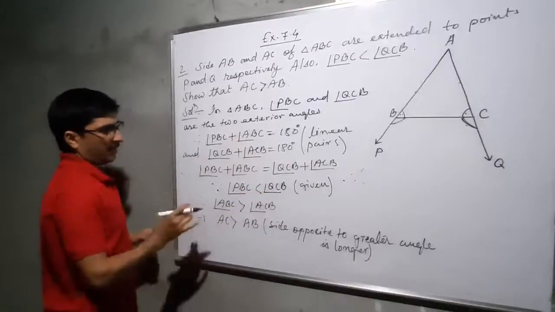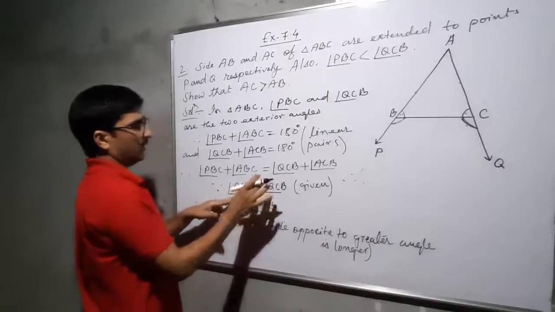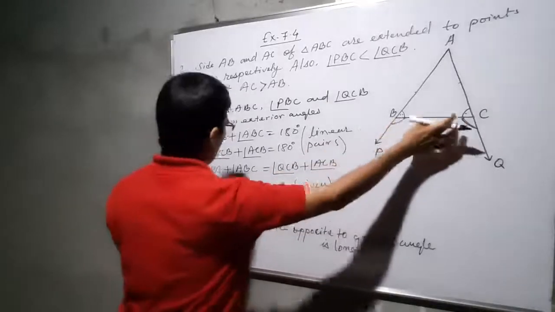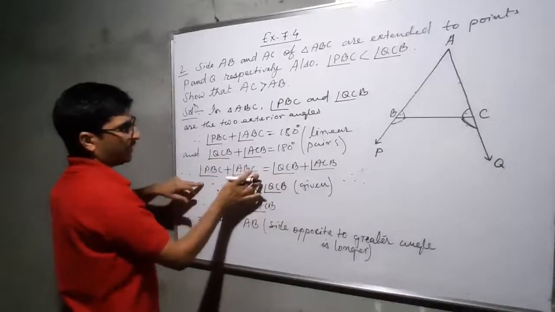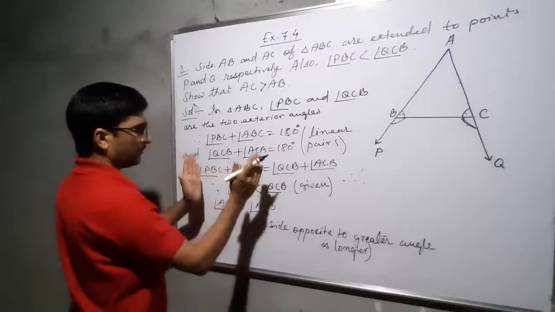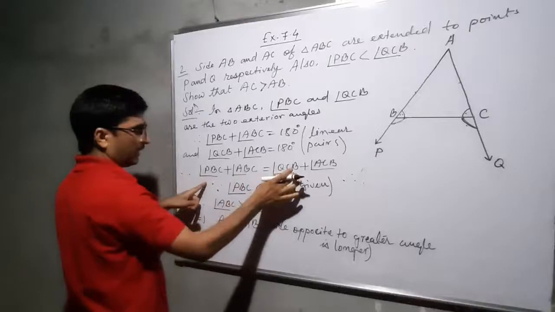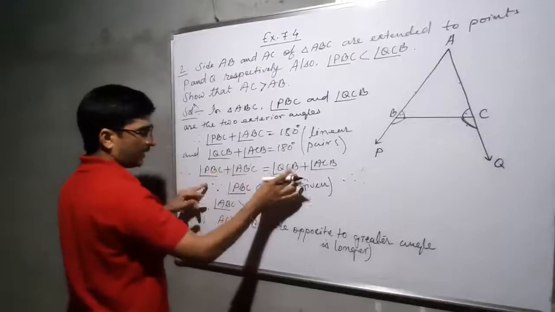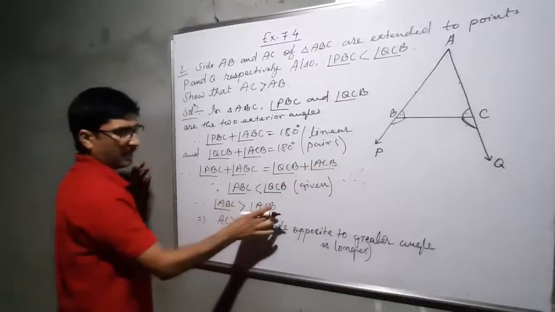Now since it is given that PBC is less than QCB, then ABC is greater than ACB. Since the sums are equal, and this one is less than this, ABC will be greater than ACB.